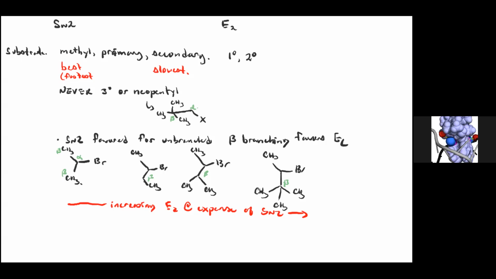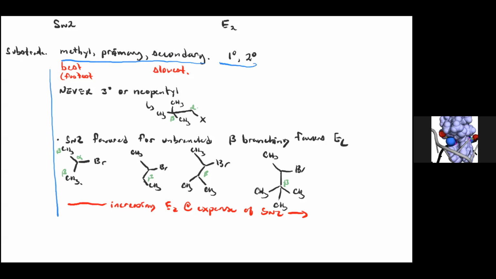And then finally, when you get to the tert-butyl, and it's now neopentyl, you can't present a beta hydrogen, and so the reactions just become virtually impossible. So that's what I wanted to say about the substrate. Basically, at the top, these are the possible substrates for an SN2 or an E2, and these are the characteristics of the substrate that will favor one over the other.